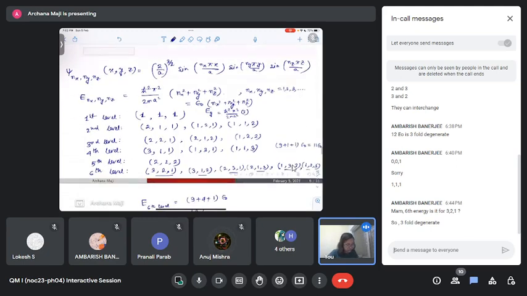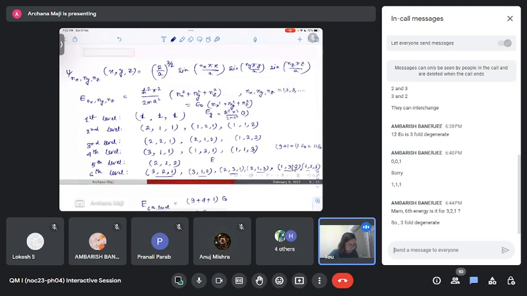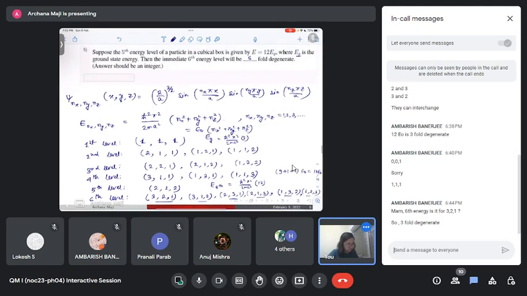Yes. Whereas for the fifth level, the energy is equal to h cross square pi square over twice m a square into 3 times 4, so that is 12. So this energy level, you can see, is not equal to 12 times E of ground state, because E of ground state has this 3 multiplied with it.